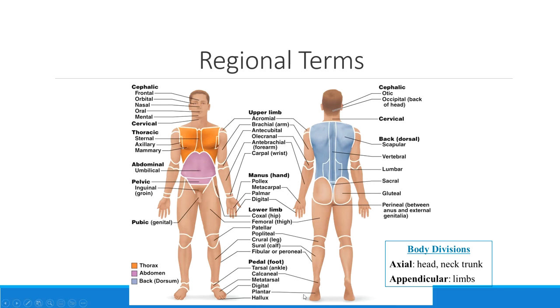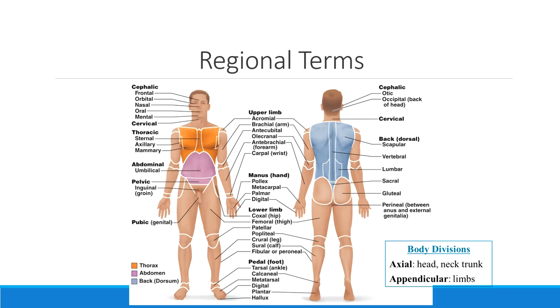We go down into the feet, and with the feet, the big things we need to make sure we know is that the ankle bones as a group are called the tarsals. In front of the tarsals, the flat part of your foot, we have a group of bones called the metatarsals. Metatarsals are long and straight, so the metatarsal region is the flat top part of your foot.